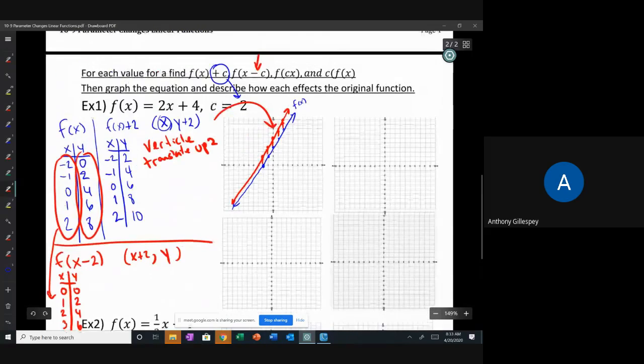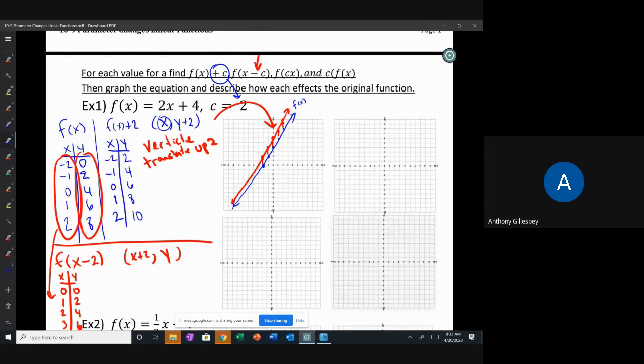Can I predict what that's going to do to the graph? Yes. Let me graph my original equation again, right? -2 is -2. -1 is -4. 0 is, wait, did I, 0? Oh, I messed up. Hold on, let me do it again.